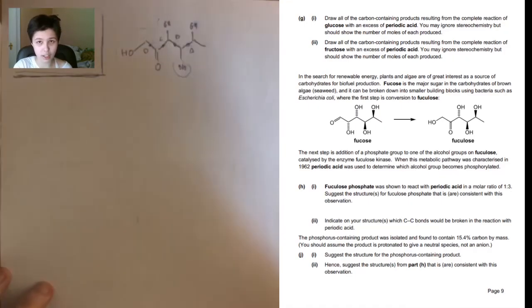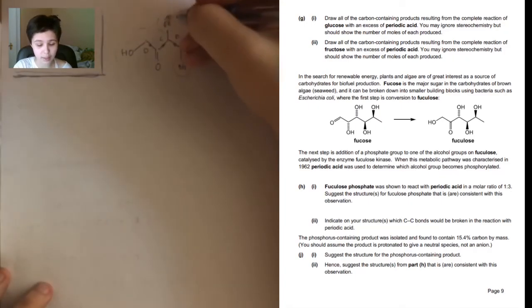We can't break A, C, B, because to not break B we need at least one of these two to not be broken, but to break A we need this one to be an OH and not a phosphate group, and to break C we need this one to be an OH and not a phosphate group.